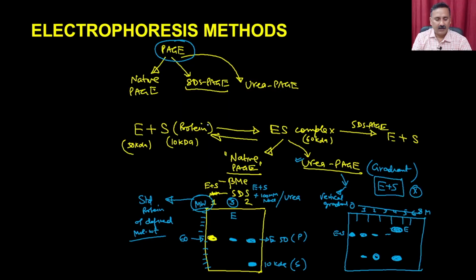If the substrate molecular weight is very low, for example if you are talking about glucose and hexokinase, then in those cases it is probably not the best technique to answer the question. This is all about the electrophoretic methods. So you can run native PAGE, SDS PAGE, as well as urea PAGE to answer the question of whether the particular proteinaceous substrate is interacting with the protein or not, and how stable the complex is.